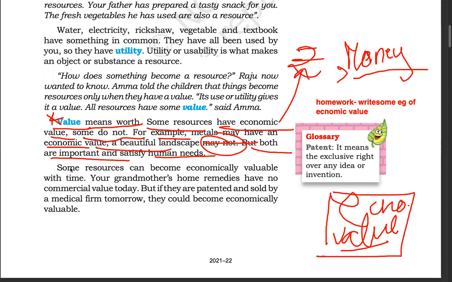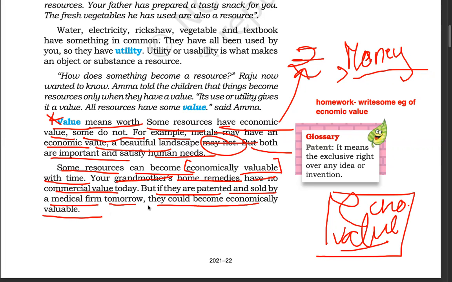Okay, so some resources can become economically valuable with time. Your grandmother's home remedies have no commercial value today, but if they are patented and sold by a medical firm tomorrow, they could be economically valuable.